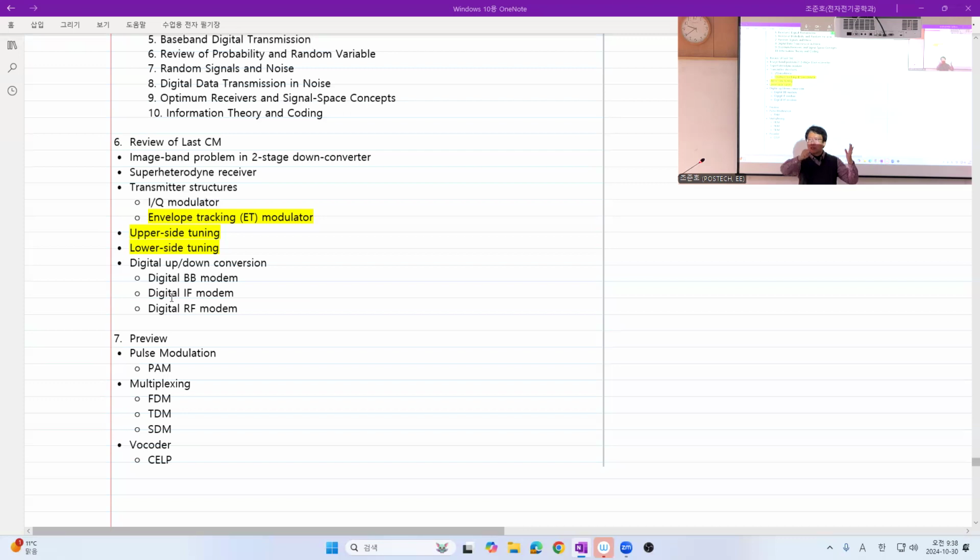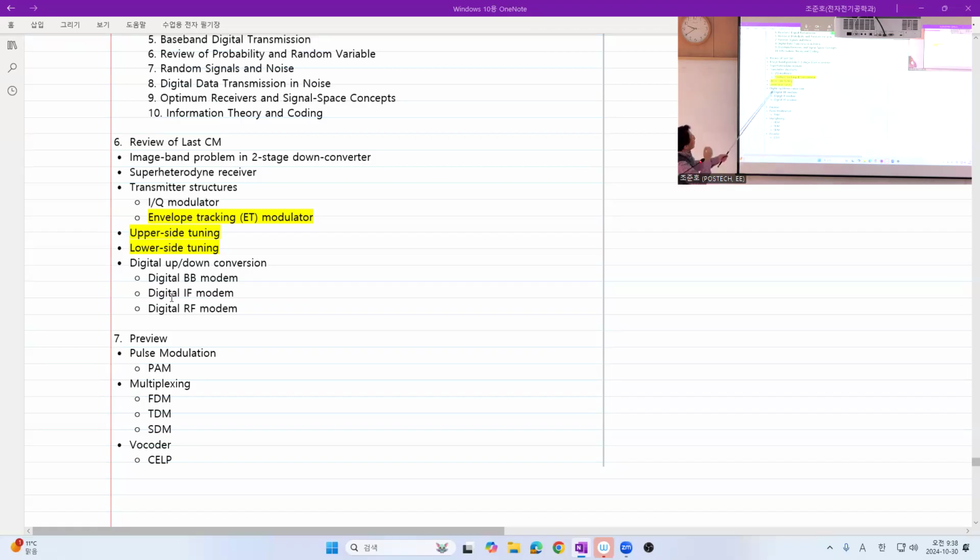So the first stage mixer has a variable frequency, but this variable frequency translates the desired signal every time to a fixed intermediate frequency, which is the only one passed by the channel select filter. That was an amazing invention.